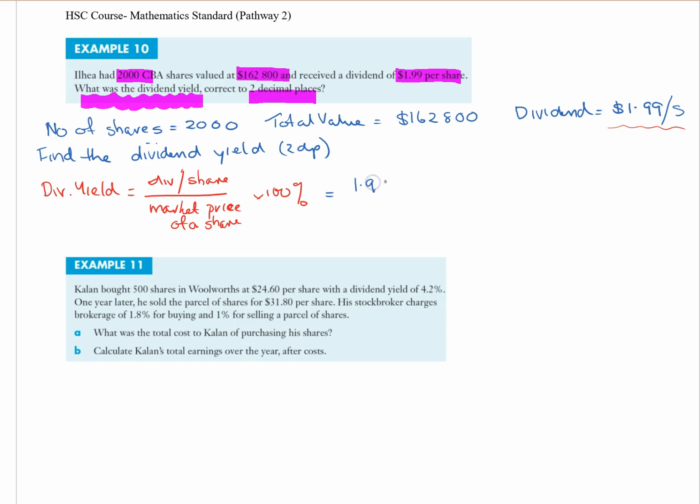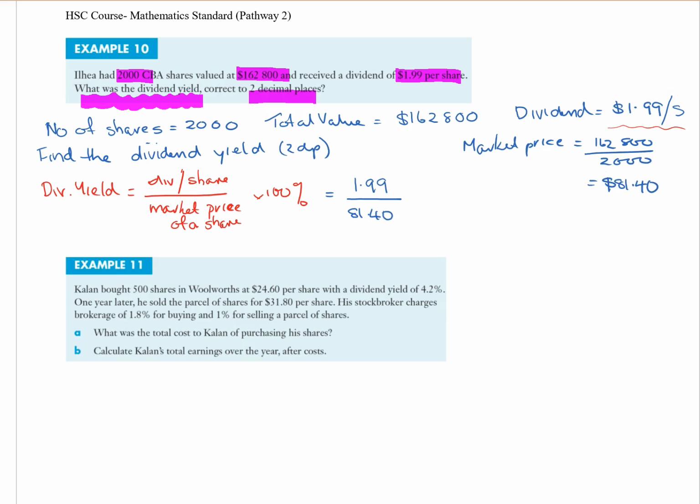It's $1.99 over. I don't have the market price of one share. I know the total value of the shares and the number of shares, but to get the market price, I have to take the total value and divide by the 2,000.